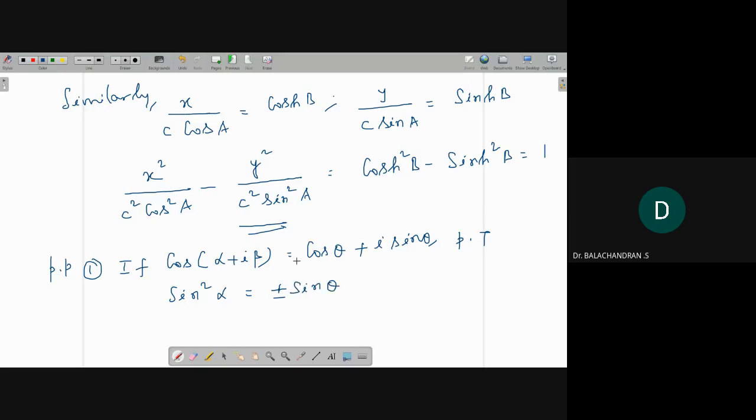So this problem is similar to which problem? Sir, today's first problem. Yes. So I think you know the method. So you should try, and if you get the answer, you will get the confidence. So that's why you need to solve more problems.